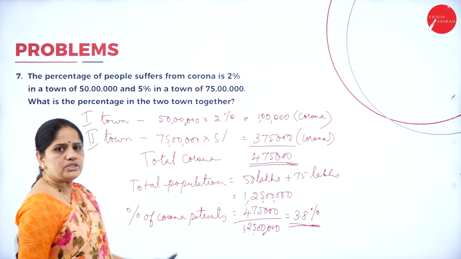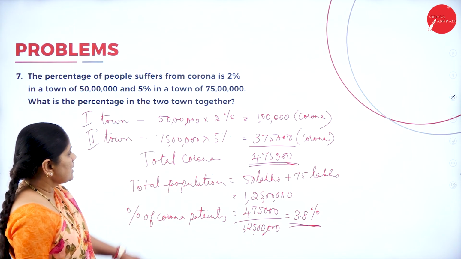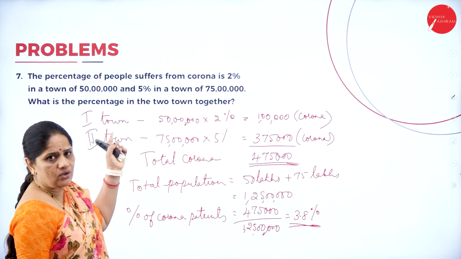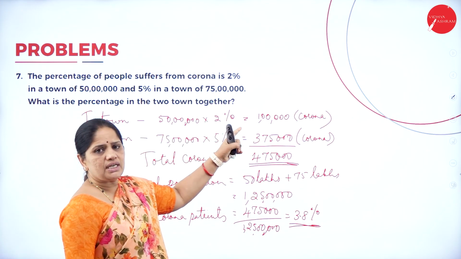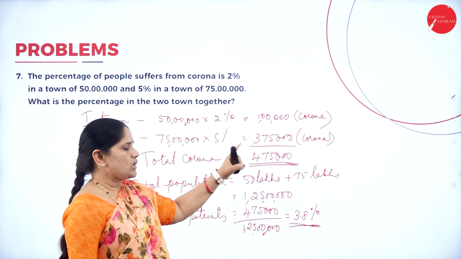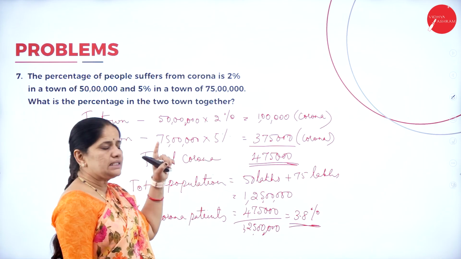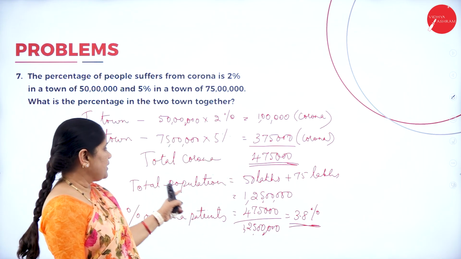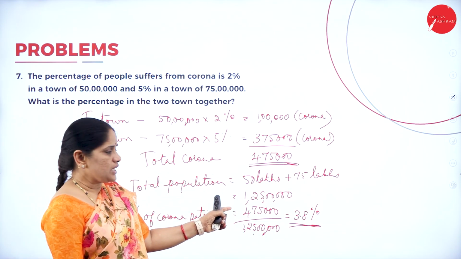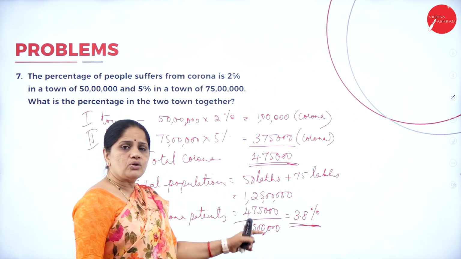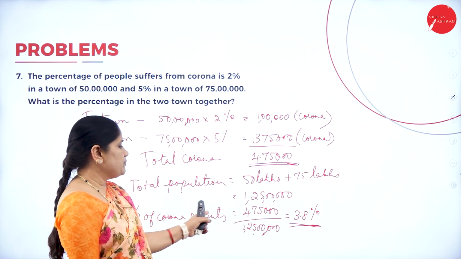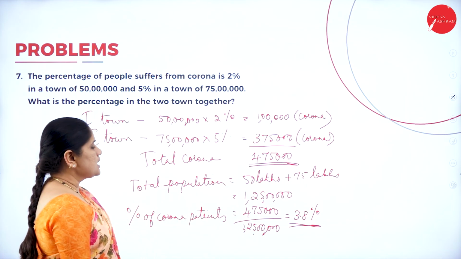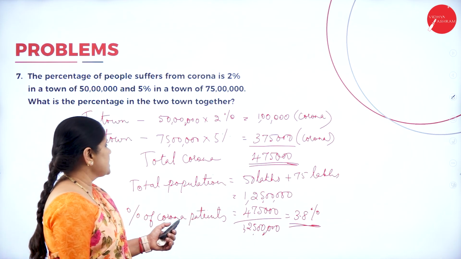So first we have to find out the corona patients in each of the towns. In the first town it is 1 lakh. Second town is 3,75,000. So total patients is 4,75,000. Then find the total population. It comes up to 1 crore 25 lakhs. Then the percentage of corona patients is 3.8%.